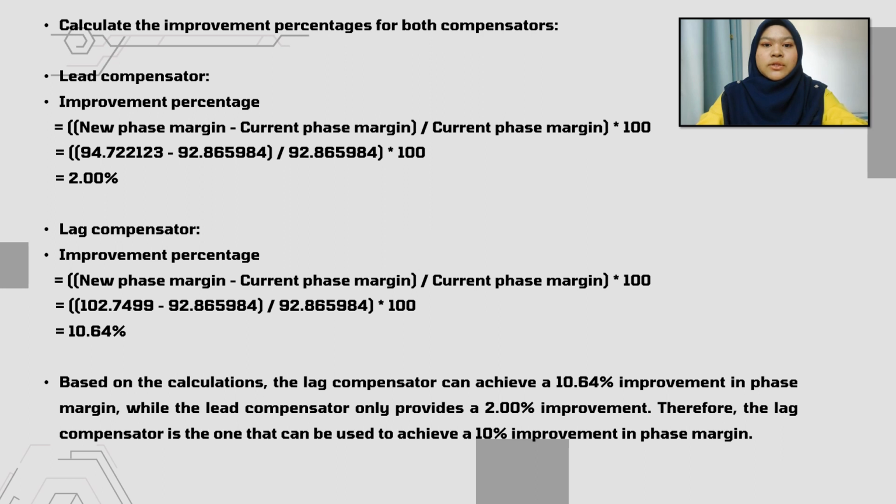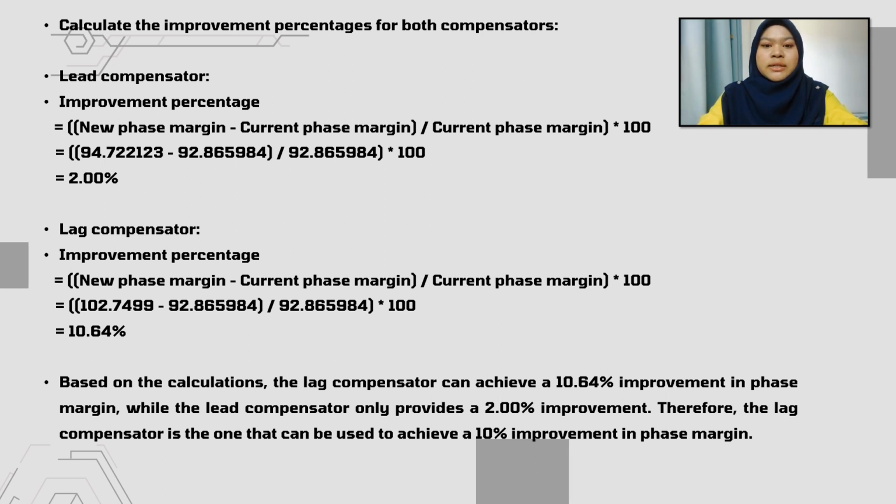To determine which compensator can achieve a 10% improvement in phase margin, we need to compare the change in phase margin for both the lead and lag compensators. Let's calculate the improvement percentage for both compensators. For the lead compensator, we get 2%, and for the lag compensator, we get 10.64%.